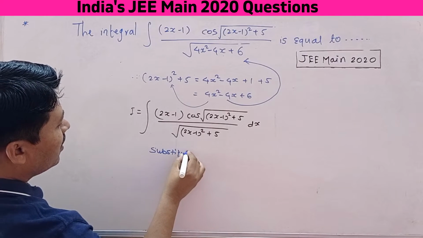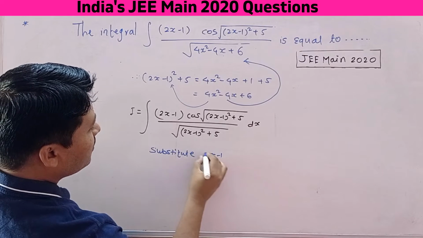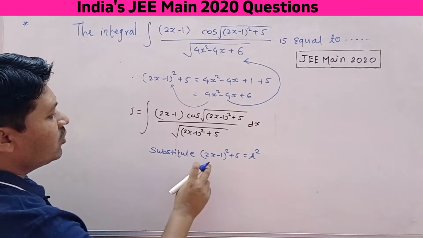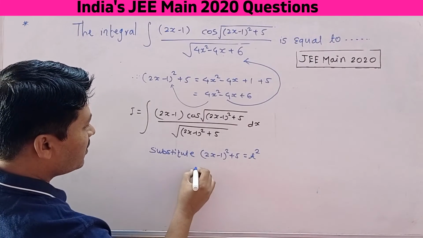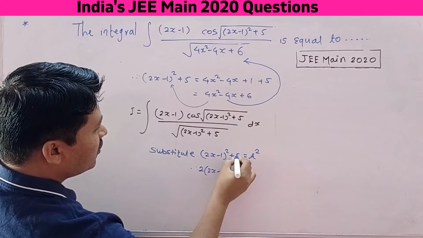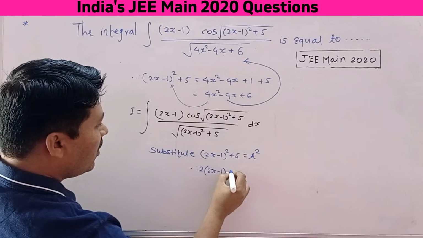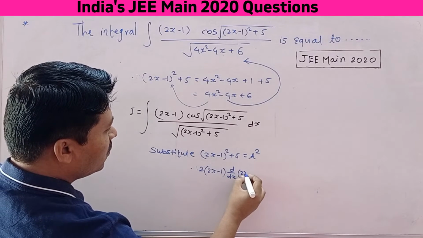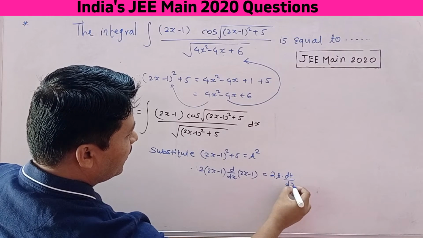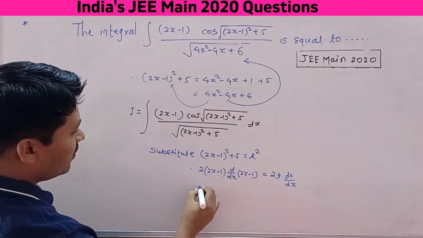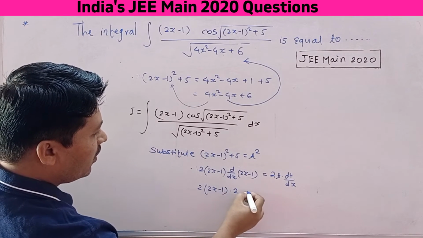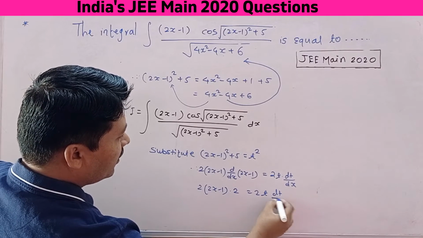Substitute (2x minus 1) squared plus 5 equal to t squared. Differentiating with respect to x, we get 2 times (2x minus 1) times 2, and the derivative of 5 is 0, which equals 2t dt by dx.